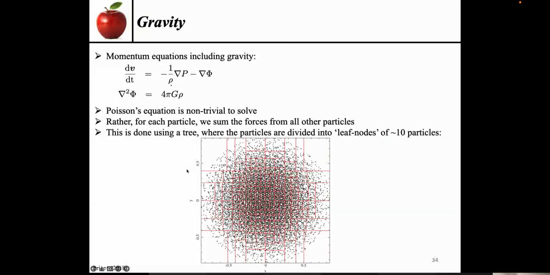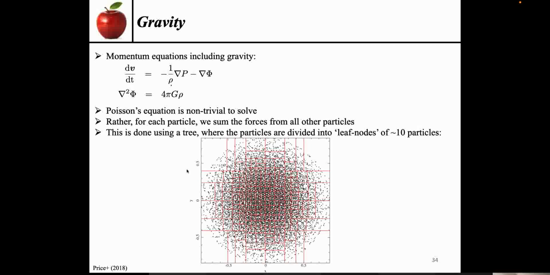So what we can do is, you all know that gravity is just like a 1 over r squared calculation. So we take a point and we can calculate gravity by just calculating over every other particle in your simulation. Because gravity is a long-range force, this has to be an n squared calculation.